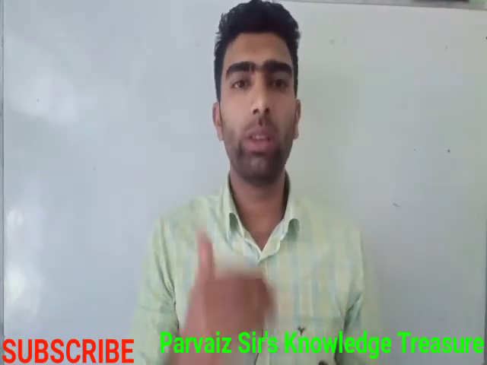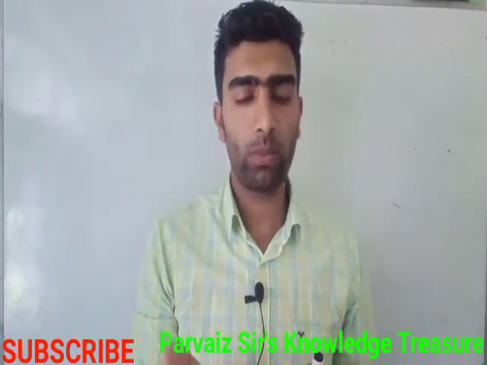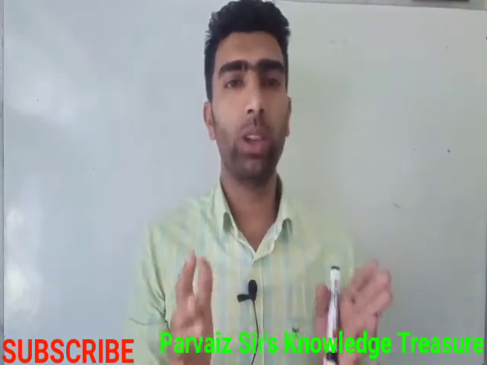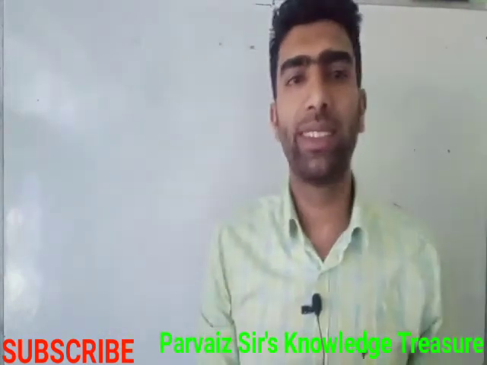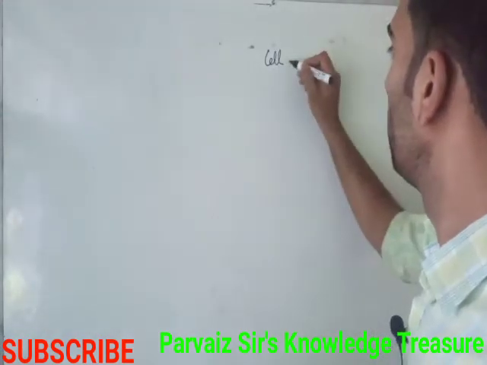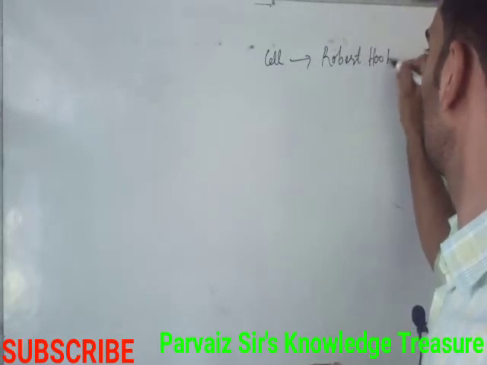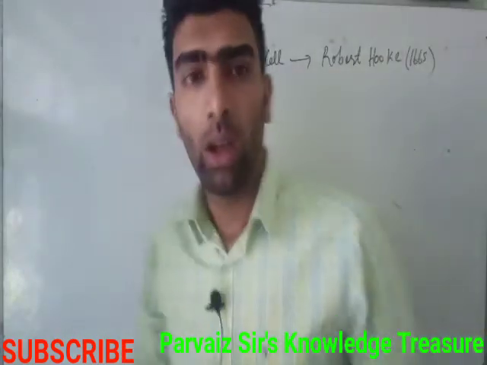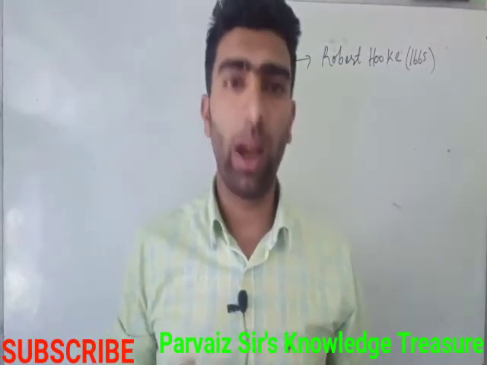I have given the answer to this question in my first video. Now I will try to be brief and give the answer to this question. Cells were discovered by Robert Hooke in 1665.